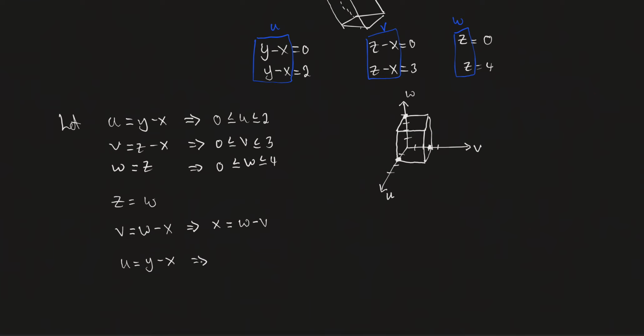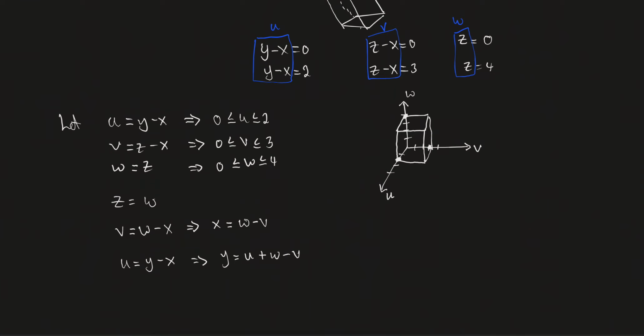So therefore, if I solve this for y, I'll get that y is equal to u plus x. But I know what x is. It's w minus v. So just plug that in. So that will be our y equation, right?